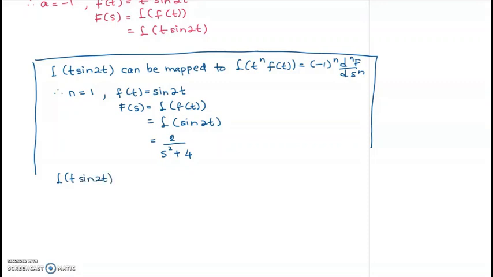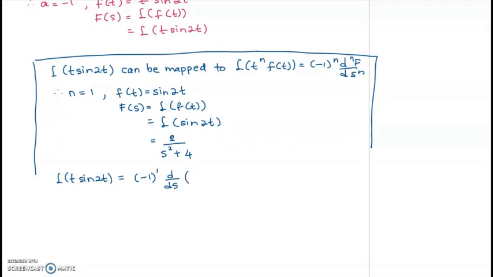According to the map that we have, it is -1 power of n, and our n is 1. So we need to differentiate once, d/ds, the function F(s).